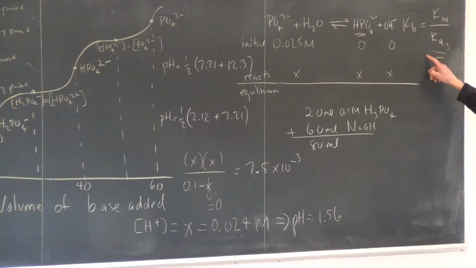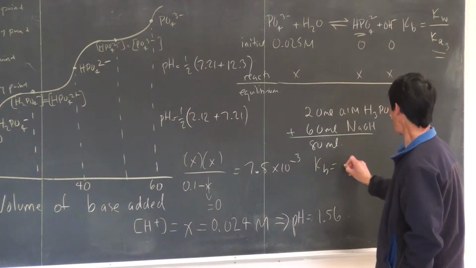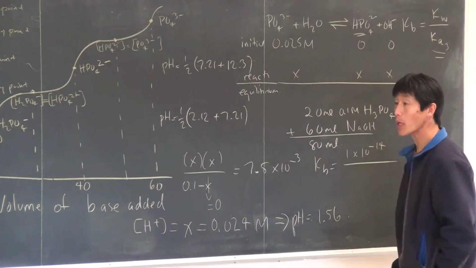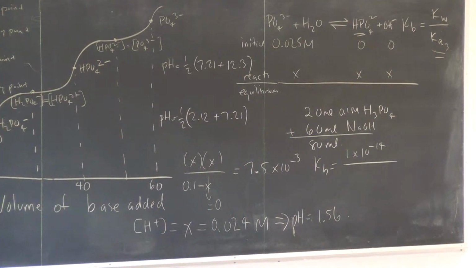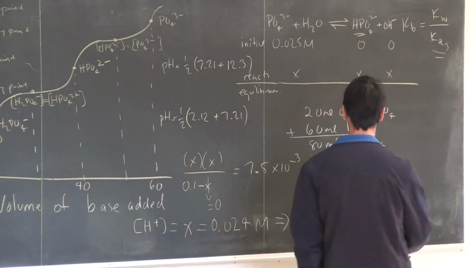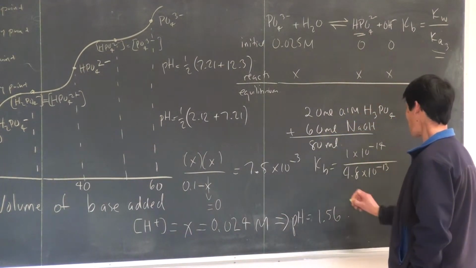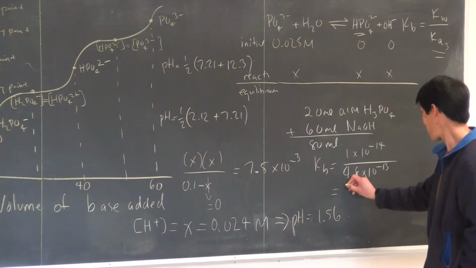Now, let's calculate Kb. So Kb is going to be 1 times 10 to the minus 14 divided by Ka3, which was 4.8 times 10 to the minus 13. So Kb is equal to 2.08 times 10 to the negative 28.